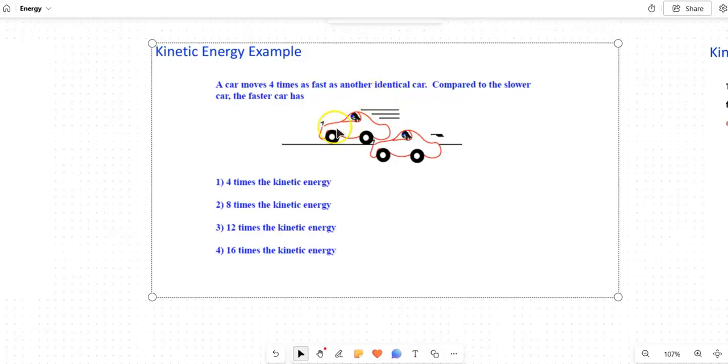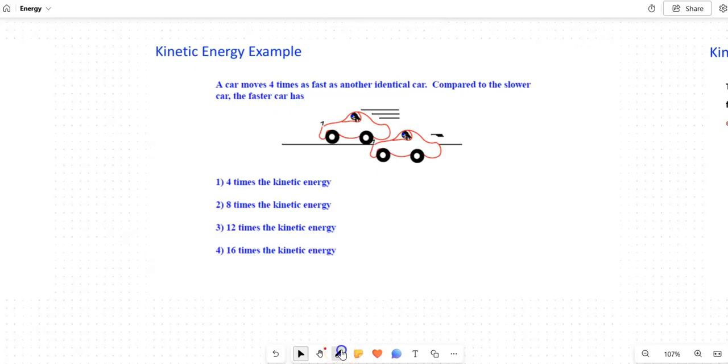Here you have one car with 4 times the velocity of this other car, which is just 1 velocity. So obviously that top car is moving faster. Figure out which one has more kinetic energy and by how much: 4, 8, 12, or 16. Pause the video now.